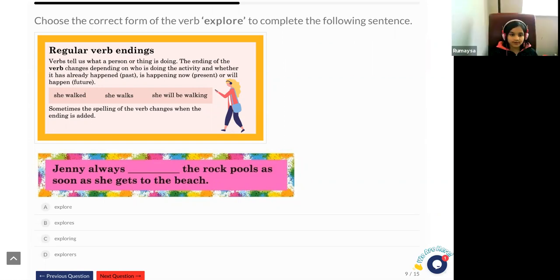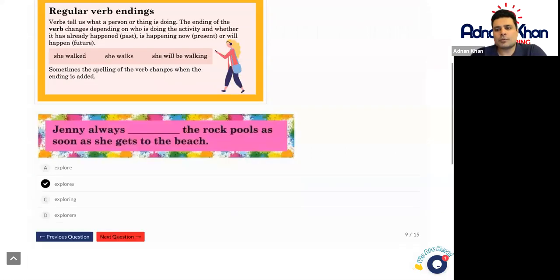Jenny always explores the rock pools as soon as she gets to the beach. Yeah, so Jenny always explores the rock pools as soon as she gets to the beach. Well done. So rock pools is an area next to the beach near the seaside where there are quite a few rocks. They could be within the sea or they could be just on the side of the sand as well. So we'll go for B, which is explores.